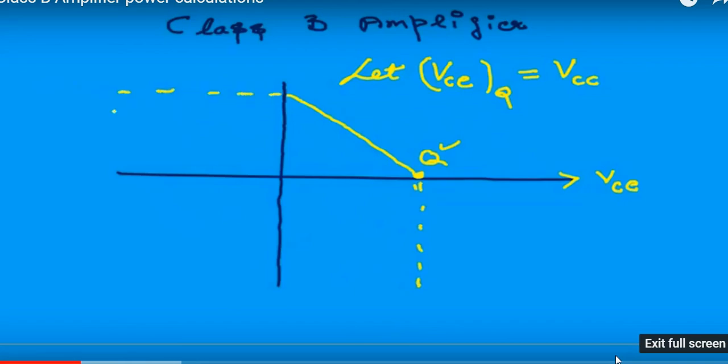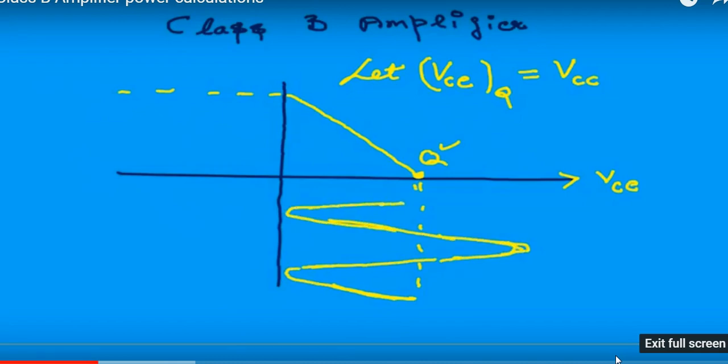Now the collector emitter voltage varies because of the variation in the voltage of the input signal. So the input signal makes the collector emitter voltage swing like this.